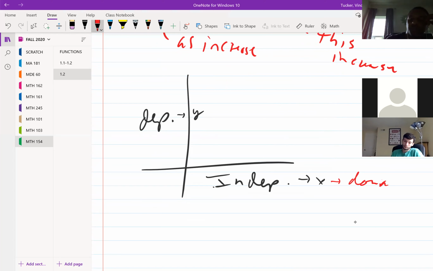And this would be your domain. This would be your range. Whatever is attached to your horizontal axis will be your independent variable, and what is attached to your vertical axis will be your dependent variable.